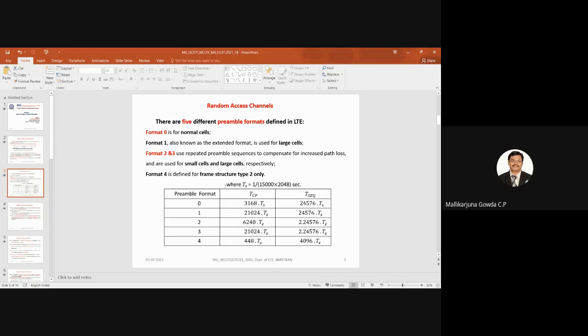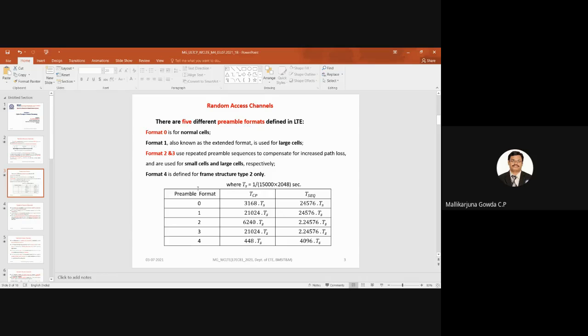Here, what is the length of the cyclic prefix and what is the length of the sequence, which has been calculated here. We all know what the sampling time is, which is given as 1 by 15,000, the subcarrier frequency spacing, into 2048, which is the maximum value of FFT size. So 1 by (15,000 into 2048) will give you the value of TS.